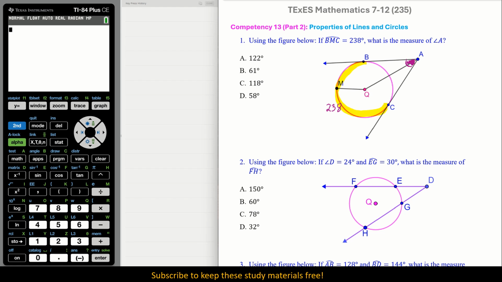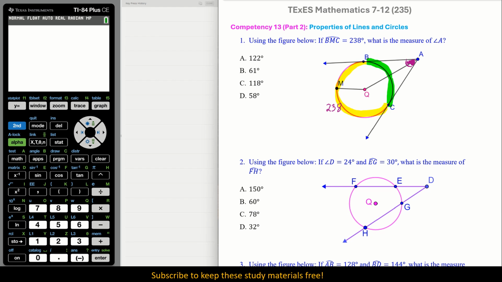The property they're talking about is, first off, because we have a major arc that takes up the majority of the circle, and then this minor arc right here, all the circle is being utilized.